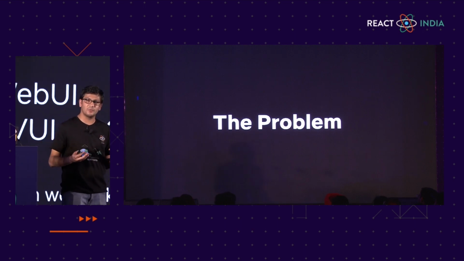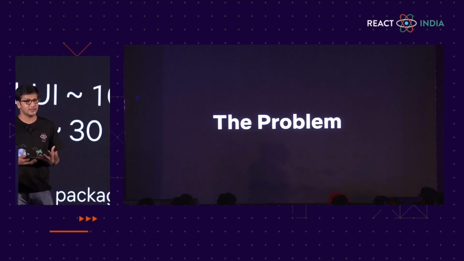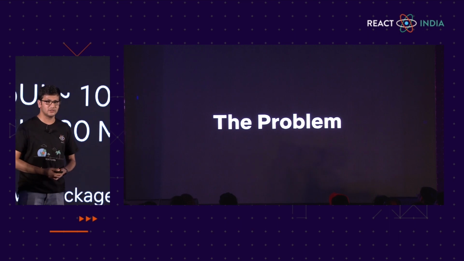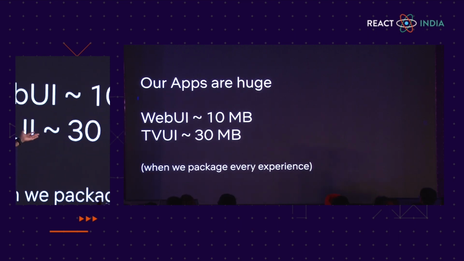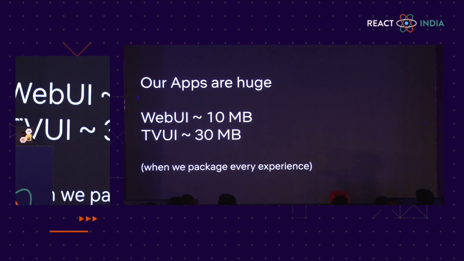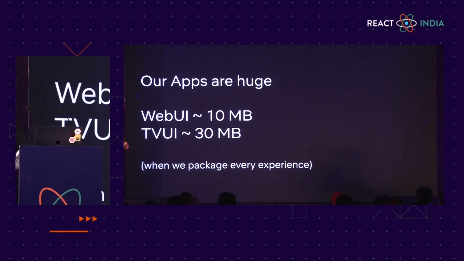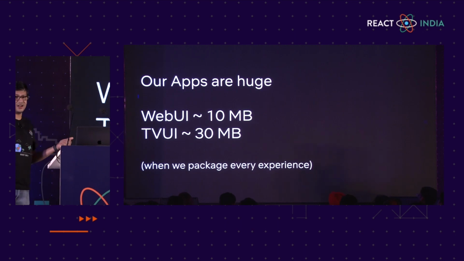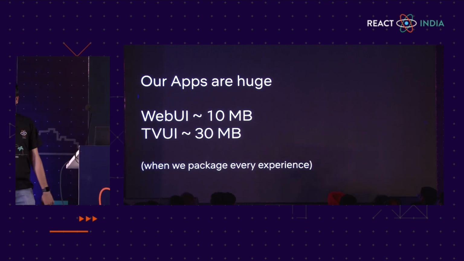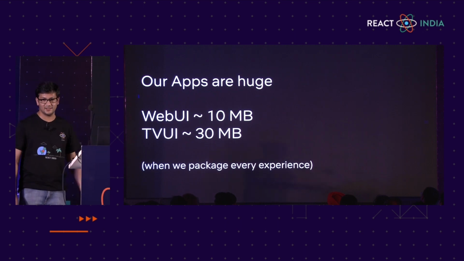So if we were to combine all these experiences together and we were to bundle them together and serve it out, these apps would be this huge. So the website app itself would be like 10 megabytes, and the one that you see on your television would be like 30 megabytes. And these sizes are after all sorts of uglification, minification, optimizations out there.